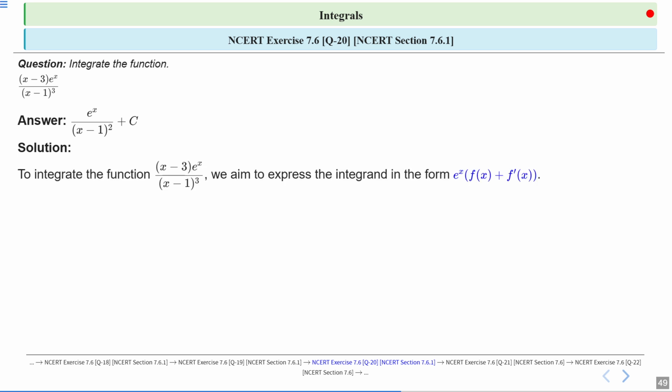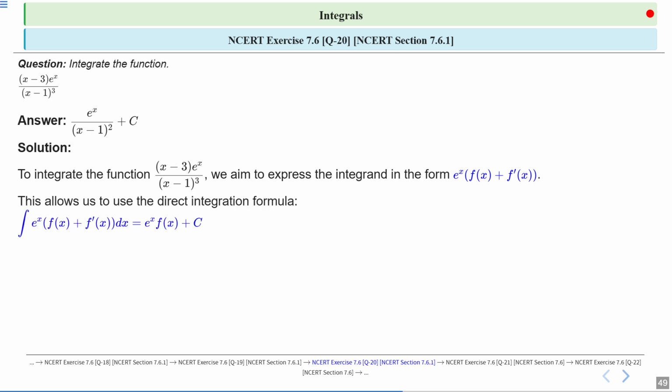Now, what is our aim? Aim is to express this in the form of e^x into f(x) plus f'(x), so that we can apply the direct integration formula. That is, integration of e^x into f(x) plus f'(x) is e^x f(x) plus c.